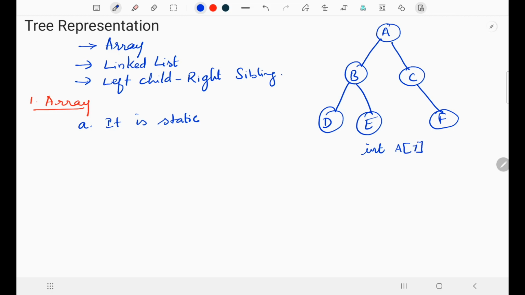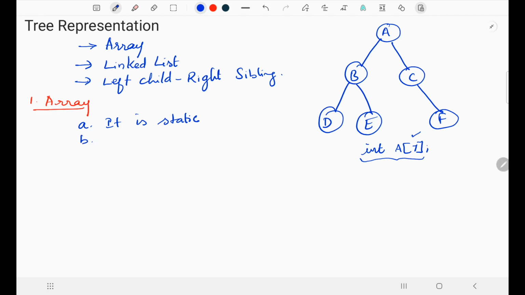So I declare the array of 7, meaning the size is already declared. During the runtime we cannot change the size of the array. Once the array size is declared, it is fixed. That's why it is static.